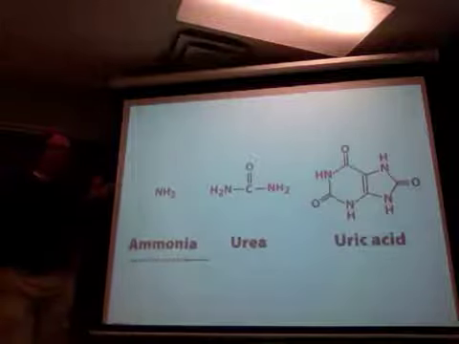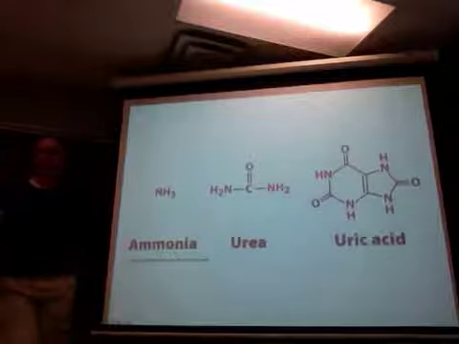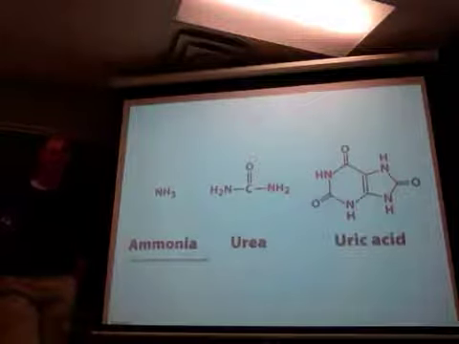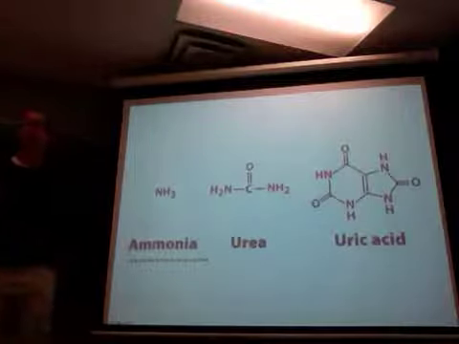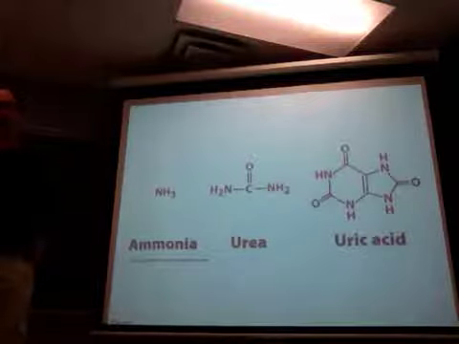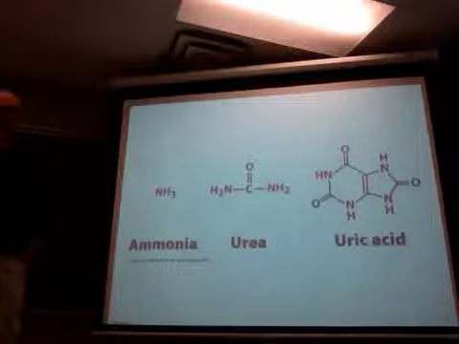So, right, ammonia. We've talked a number of times about using the carbon skeletons of amino acids as raw materials for a number of things. We've talked about using them as raw material for gluconeogenesis. We've talked about using them as raw material to feed into the citric acid cycle to oxidize for energy.